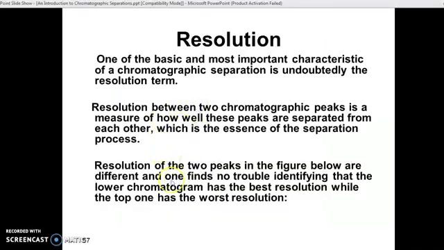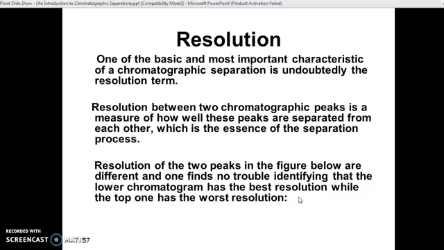What is the resolution? Resolution is a very good measure of chromatographic separation, which you will find at the end. When you measure two chromatographic peaks and how they are separated from each other, you have to count in that way. So how the two peaks in the figure belong, without any trouble identifying them, and in that the best resolution, as you are seeing, there are a lot of examples: good resolution, bad resolution, poor resolution.